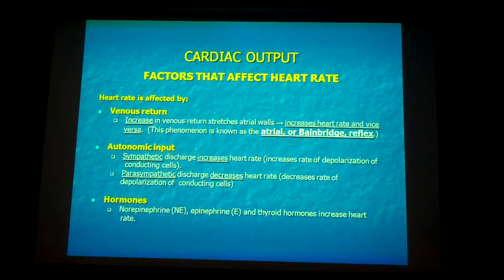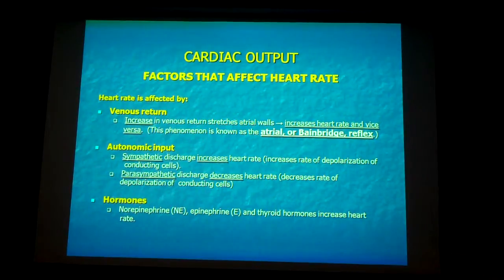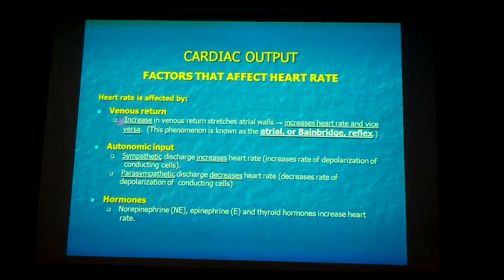Now what's the formula for cardiac output? Stroke volume times heart rate. So now we've got to look at heart rate. Some things that affect heart rate. Well, again, venous return affects stroke volume, and it affects heart rate.